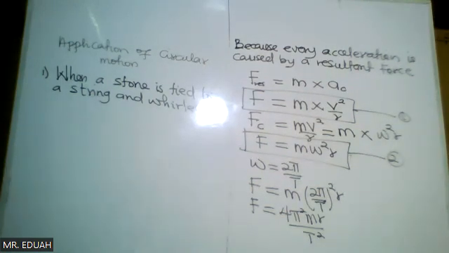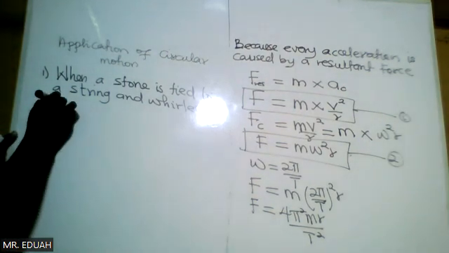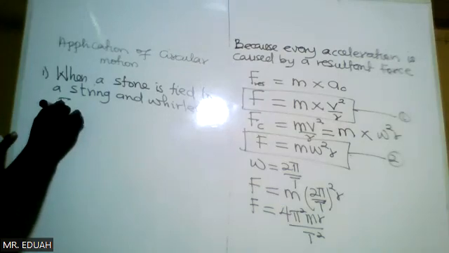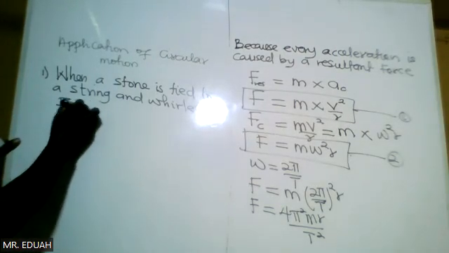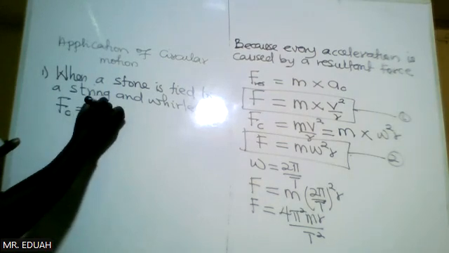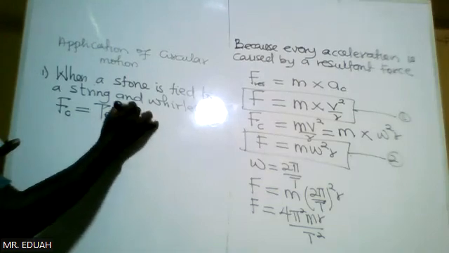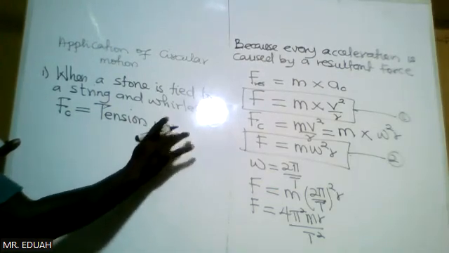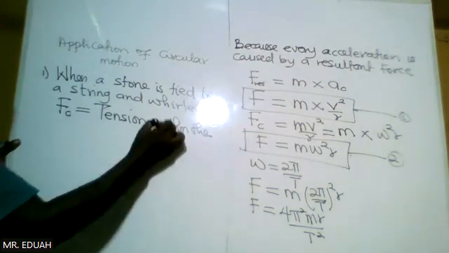So in this case, what provides the centripetal force? We said that the centripetal force Fc, when a stone is tied to a string and whirled, is provided by the tension within the string.